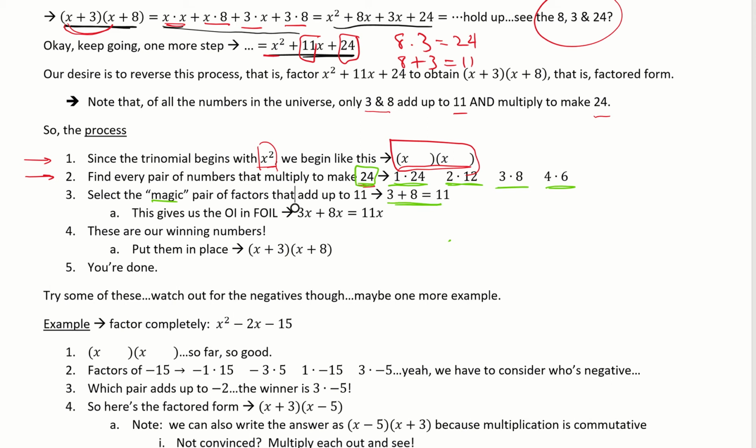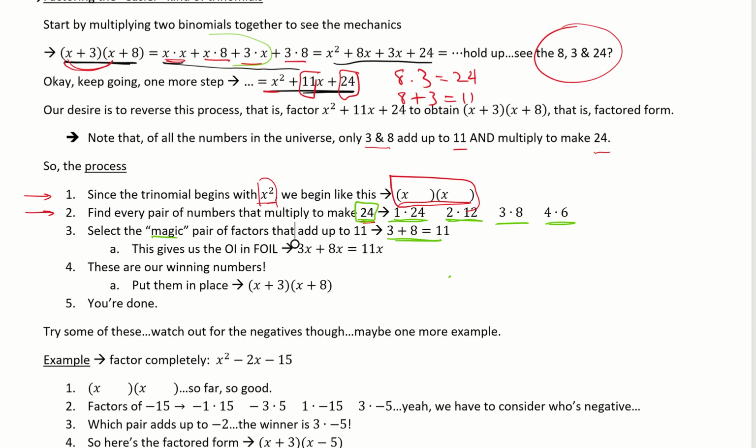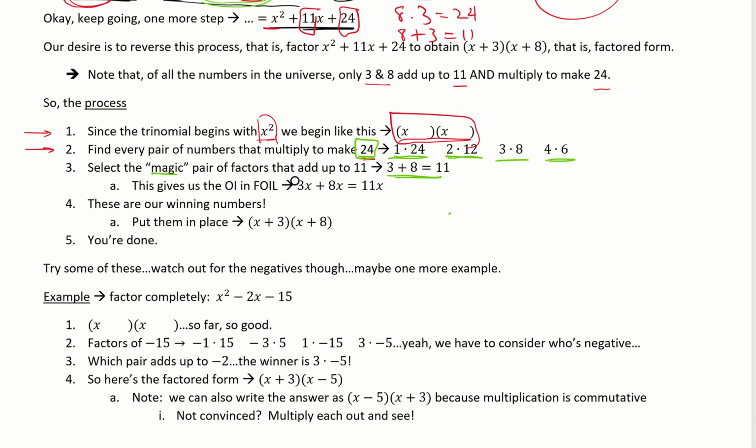And there they are, 3 and 8. This gives us the OI in FOIL, so to speak. If we were to FOIL it out, this part of FOIL right there has to match for you to get the right answer. And so you put your winning numbers, 3 and 8, in your parentheses up here. So it's plus 3, it's plus 8. All right, I got it, great. And that's how you do these problems.